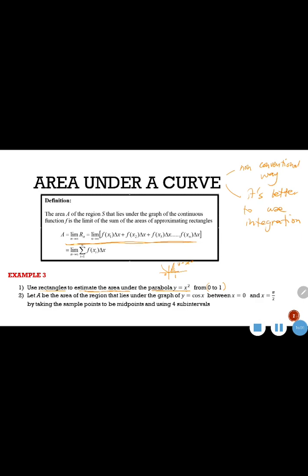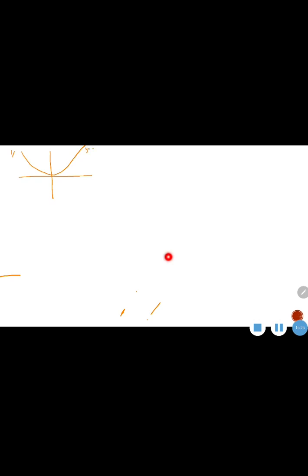Now I'm going to make it clearer to you in the next slides. The graph of a parabola looks like this, right guys? I made it much wider to make it much easier for you. So this is y equal to x square, and we want to find the area from 0 to 1. The question wants us to use rectangles.